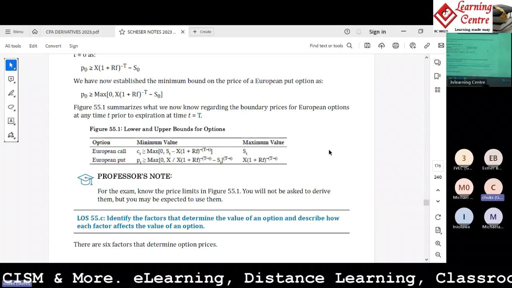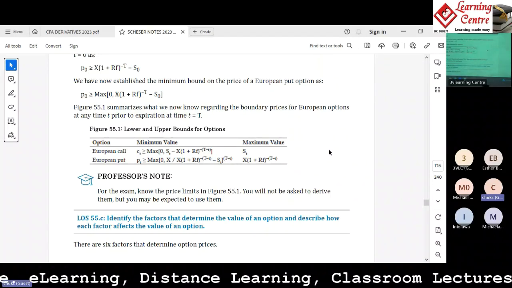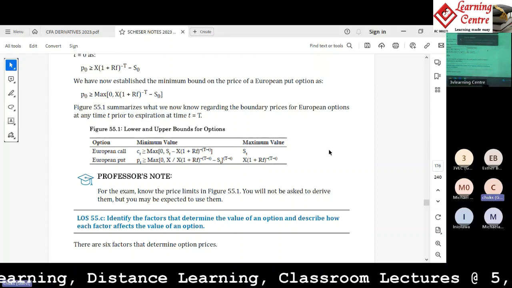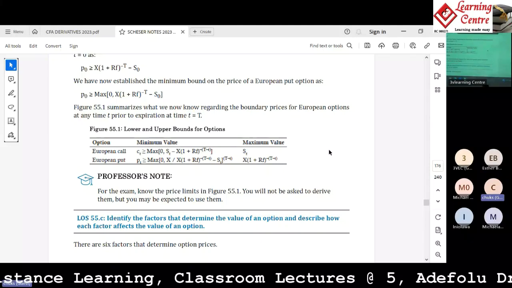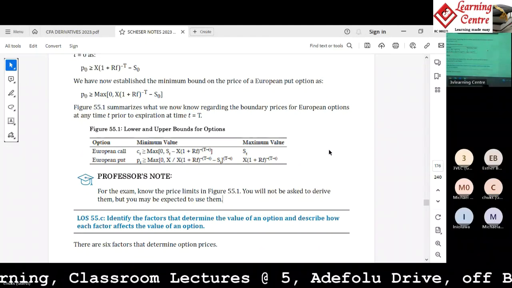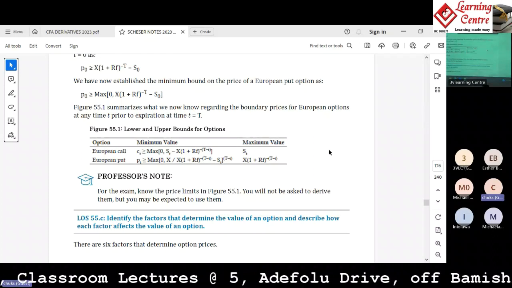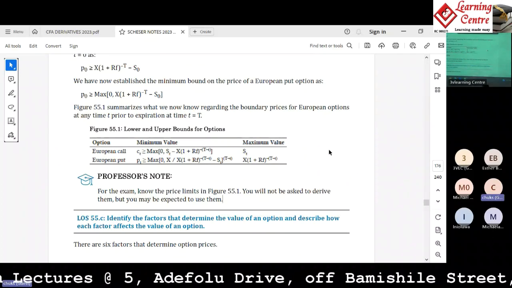If the value of the asset is 1,000, I will go ahead and buy at 20. So the difference between 50 and 20, or 1,000 and 20, is my benefit. As long as the asset keeps going up, the maximum benefit for the call is the price of the underlying, which is S.